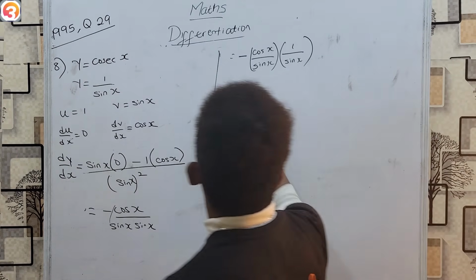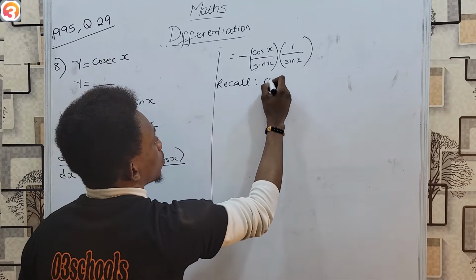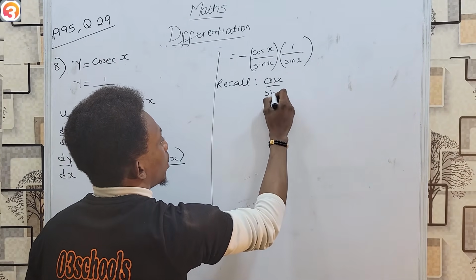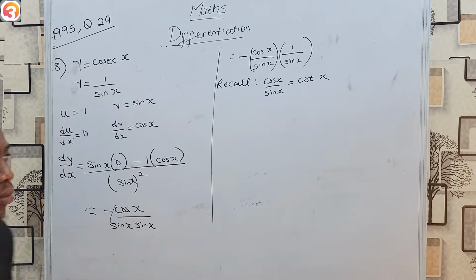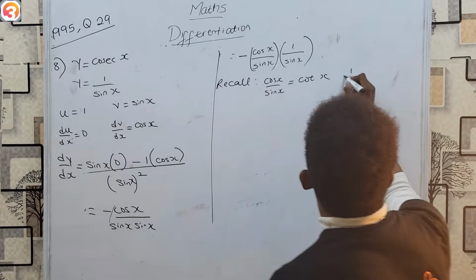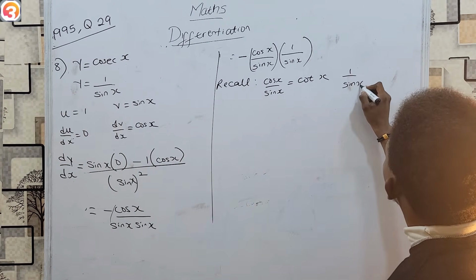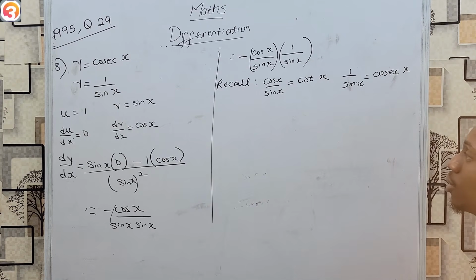From trigonometry, what do I know? Well, simply recall that cos x over sine x is cot x. That's a standard we must know from trigonometry. And that 1 over sine x can be written as cosec x.